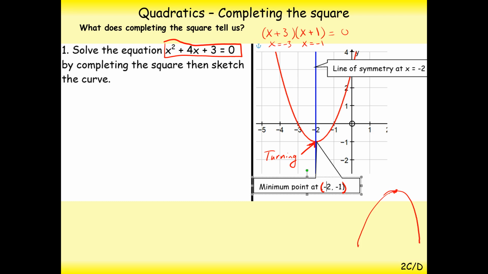I apologize about my drawing, it's not perfectly symmetrical, but quadratic equations are in fact always symmetrical about this axis here. And that point, the turning point, is where the graph is symmetric.